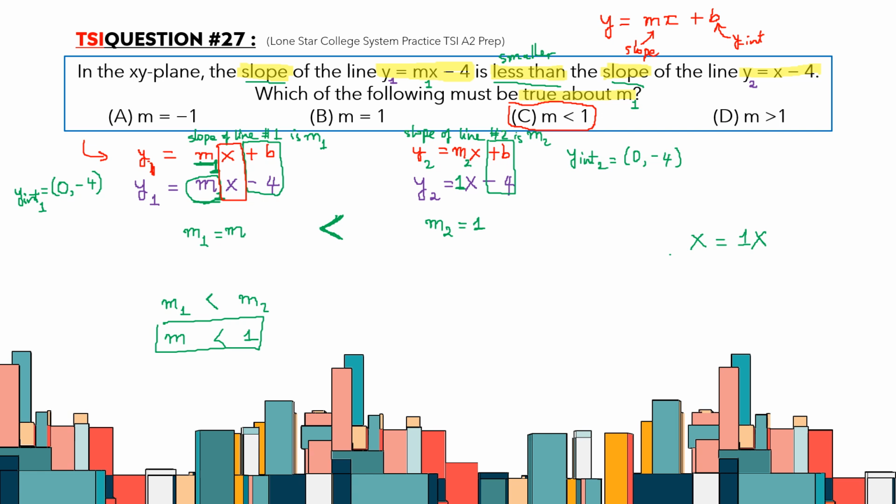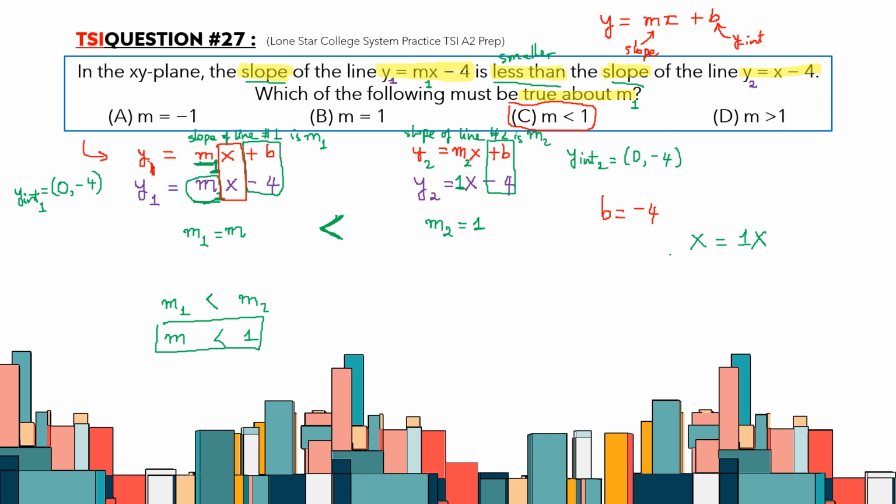In both cases, we have the same y-intercept, because b in both cases is equal to negative 4.